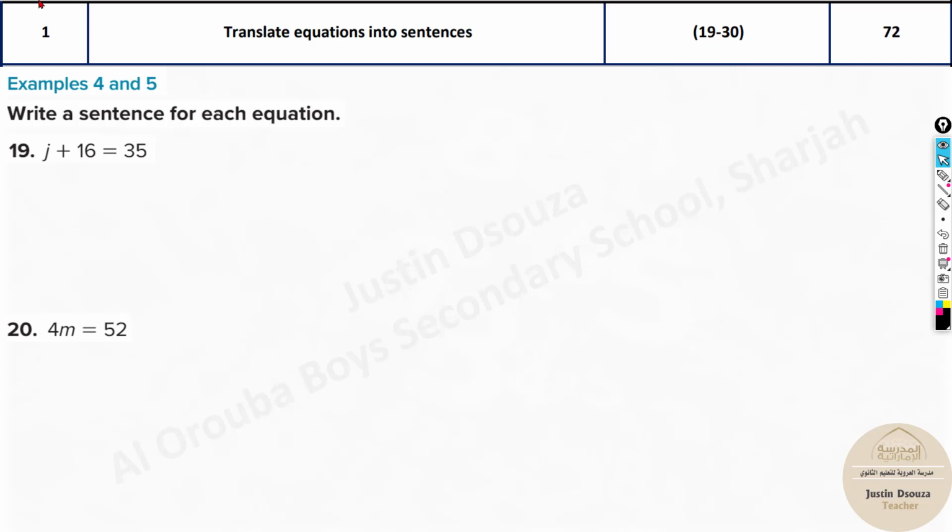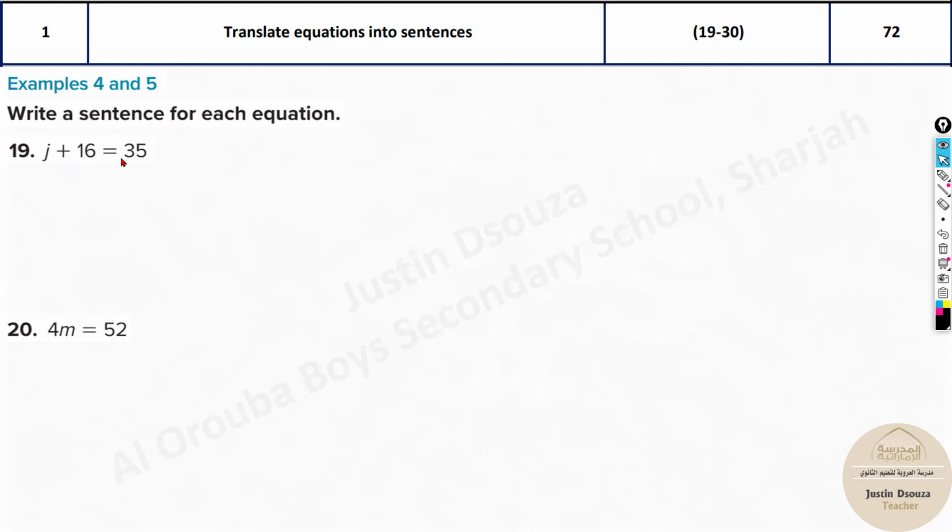But since this is in the MCQ, question number 1, you will have 4 options. You need to select the most accurate option. Now, there is a trick for this. You need to look at the operation symbols. These are very important.